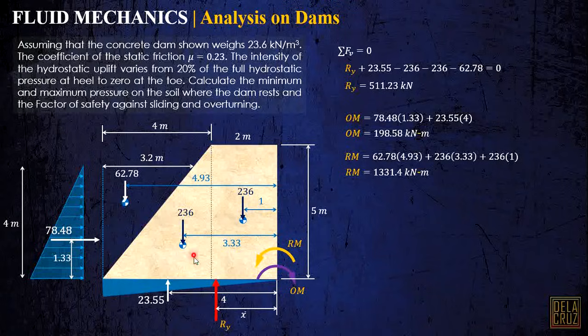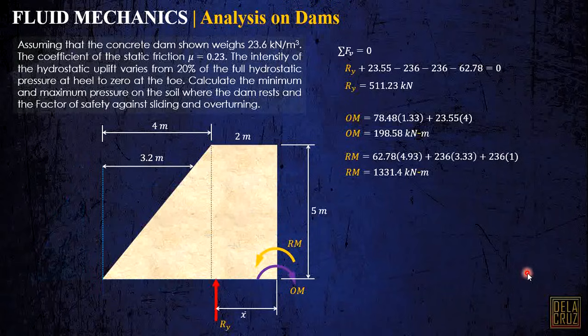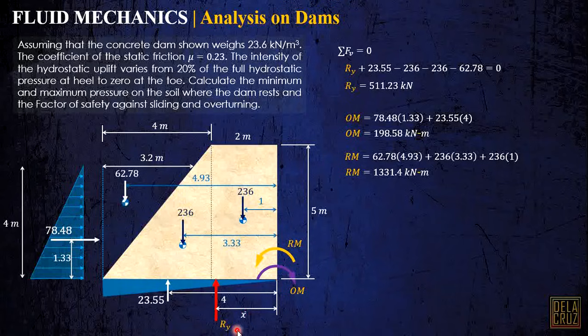Actually, this Ry is just the resultant force here. That is our resultant force. That should coincide with the reaction force at the bottom. To calculate the X, we should only consider these three forces here, the three reaction forces. Okay, clear? Let me remove the unnecessary forces here.